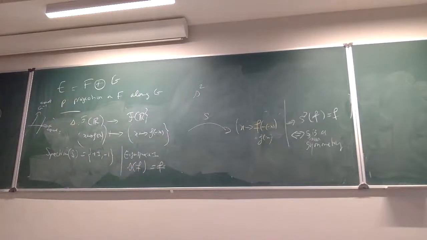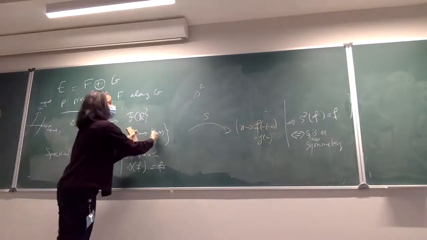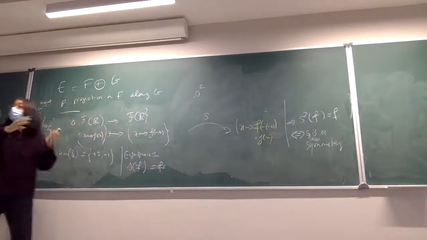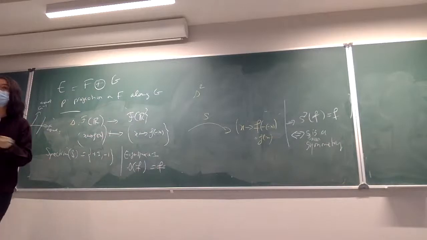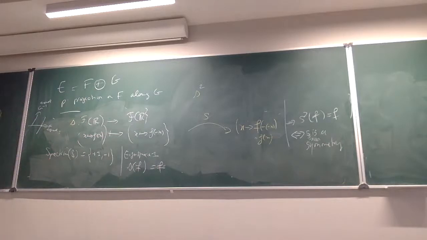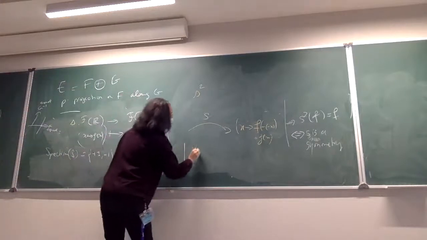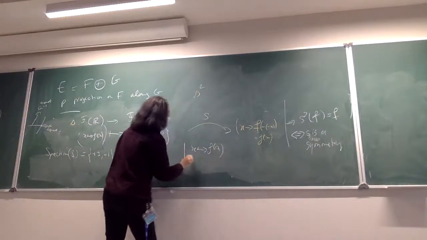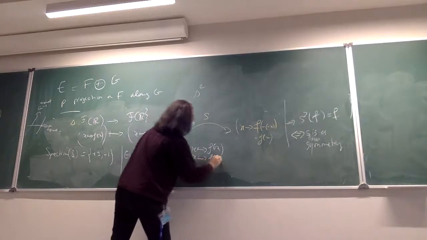So what are the functions such that if I apply the function to the opposite of the argument, it's the same thing as the function itself? What are the functions such that this function is equal to that function?